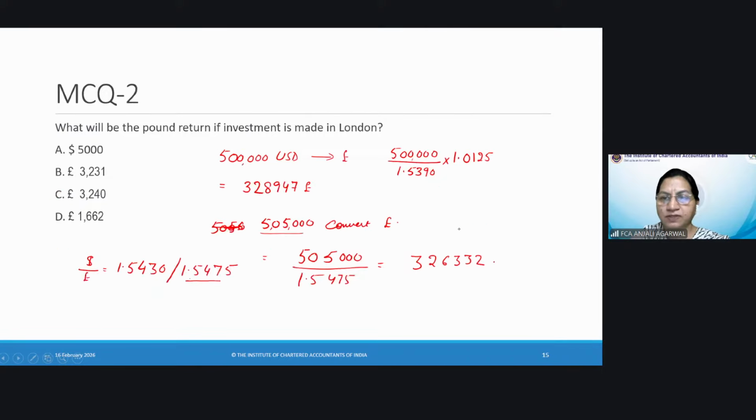So 327,284, and similarly when 327,284 is subtracted from 328,947, 1.5430, 327,284.